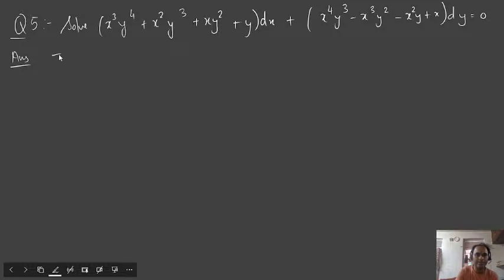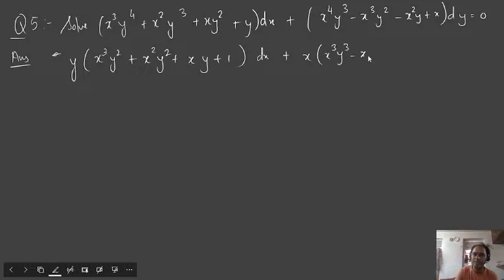This we can write as y times (x cube y square plus x square y square plus xy plus 1) dx plus, now here I can write this as (x cube y cube minus x square y square minus xy plus 1) dy equals to 0.